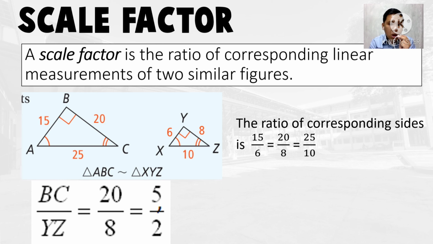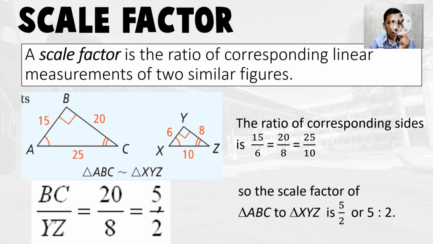So we must know how to figure out the greatest common factor of each ratio and divide by it for us to get the scale factor. And the scale factor of triangle ABC that is similar to triangle XYZ is 5 over 2 or simply 5:2.